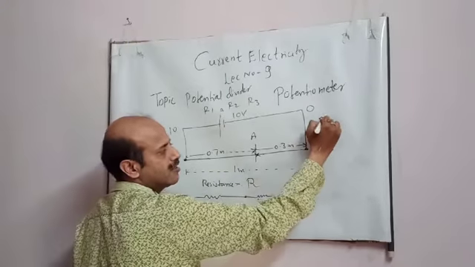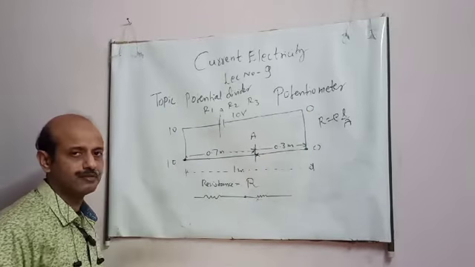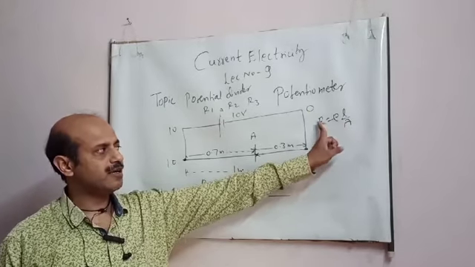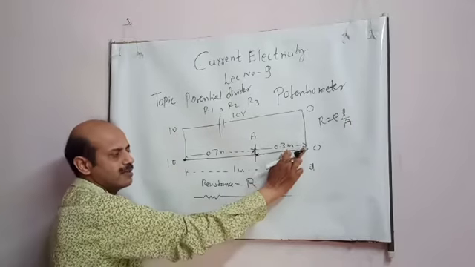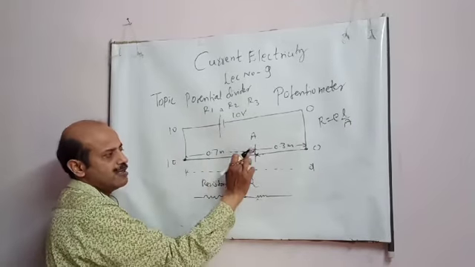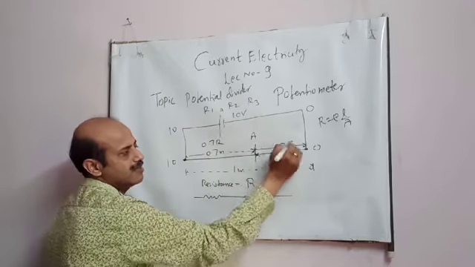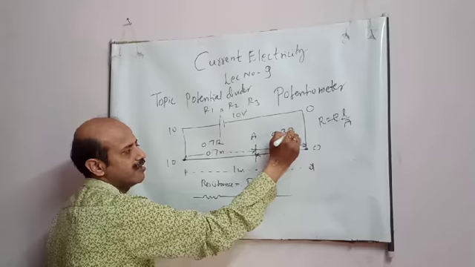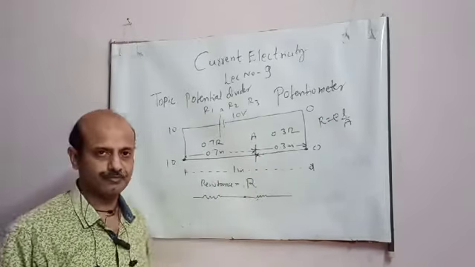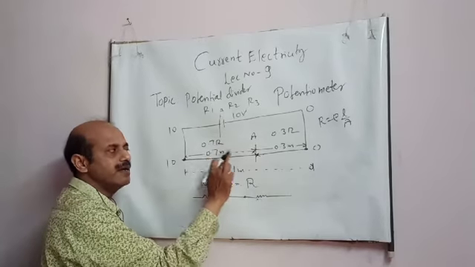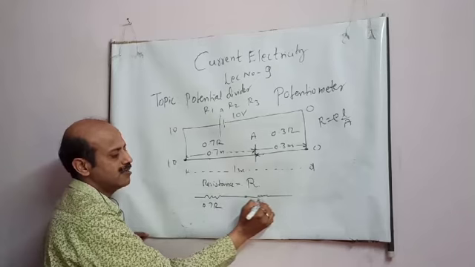If you know the formula of resistance, it is rho L upon A. If rho and A are constant, R is proportional to L. Since the total length resistance is R, this part's resistance I can take as 0.7 R and this part as 0.3 R. See, total is R, because R is proportional to L. So for a length of 0.7 meter, the resistance is 0.7 R, and this is 0.3 R.